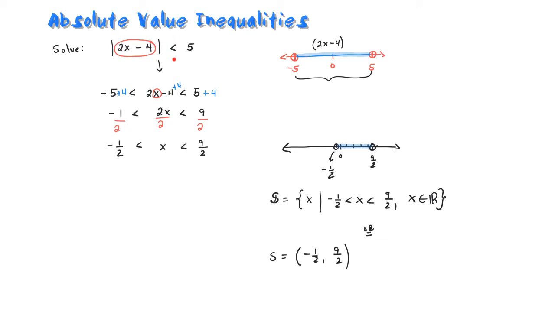We had less than as an inequality. So that means that we shouldn't put hard brackets, the square brackets. We should leave it as regular soft brackets. That looks like an ordered pair, but remember, this is really representing this set right here, but in interval notation.